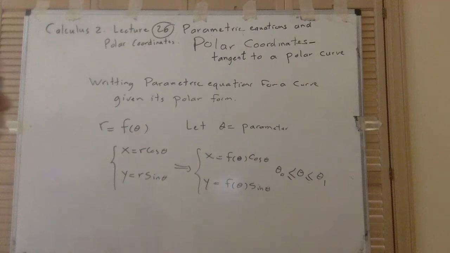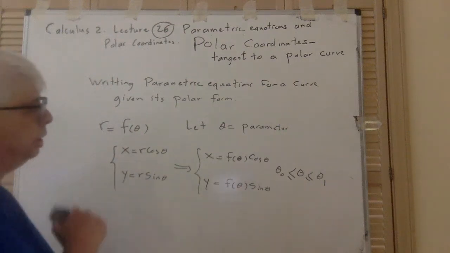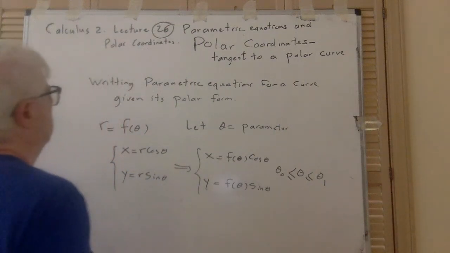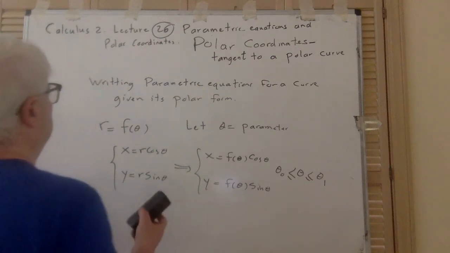So using the polar form, I can come up with parametric equations for the curve, and the parameter here is theta.